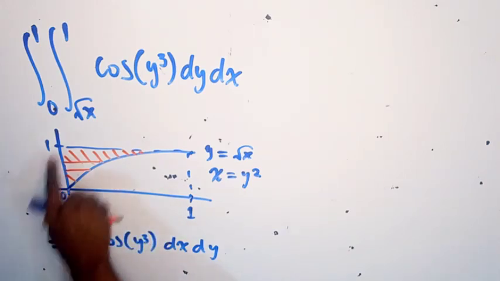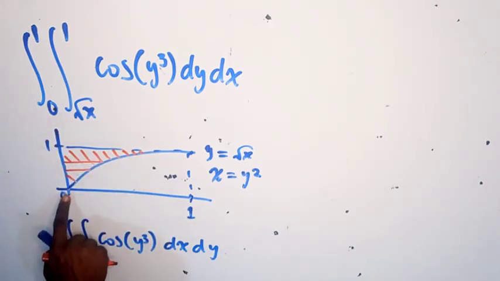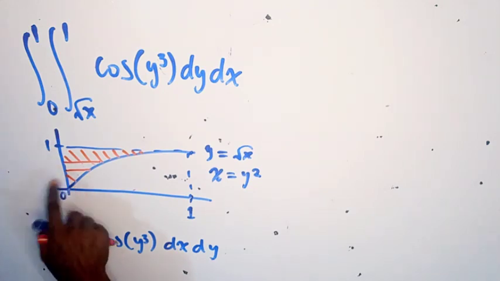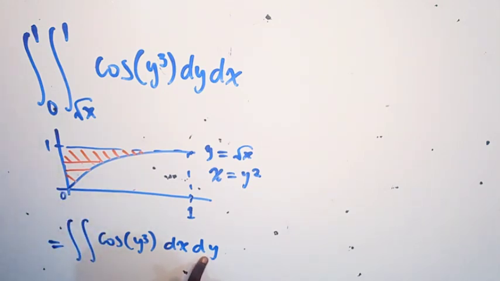You notice that y changes from 0 to 1, so y does not have a problem. y is the outside one, so we're going to write y from 0 to 1. That's nice. Then we will consider x. x changes from what to what?